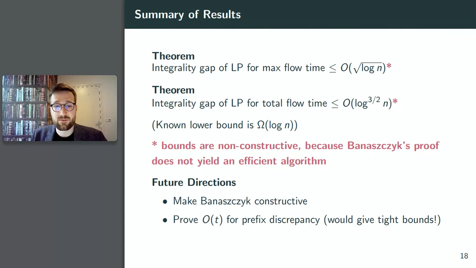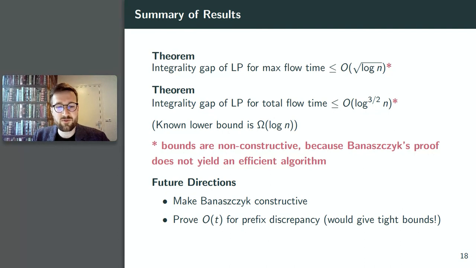If you had it constructive, it would immediately mean that we get the same guarantees as in a polynomial time approximation algorithm. Another interesting direction is, you could say, both of these bounds are within square root log n from the lower bound, so could you get even better? Well, the answer is yes.